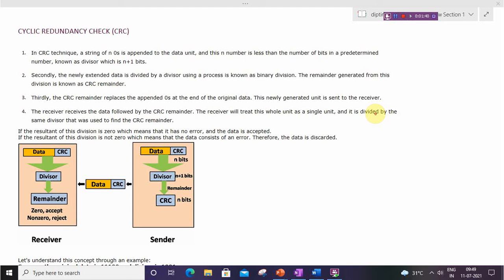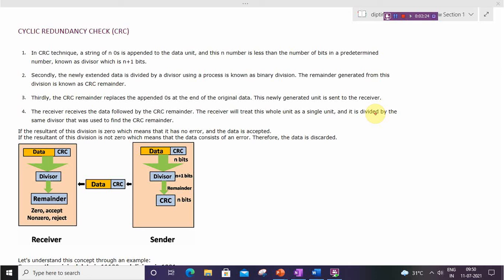Secondly, the newly extended data, that is data with appended 0s, is divided by the divisor using a process known as binary division. The remainder generated from this division is known as the CRC remainder, and the CRC remainder replaces the appended 0s at the end of the original data.